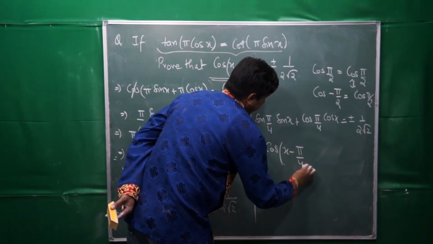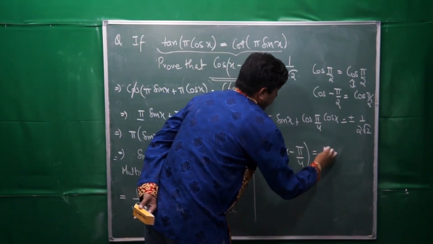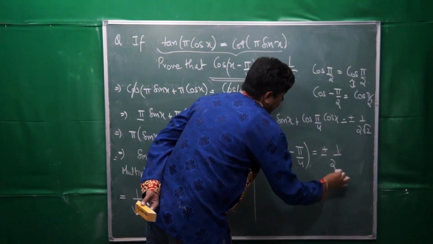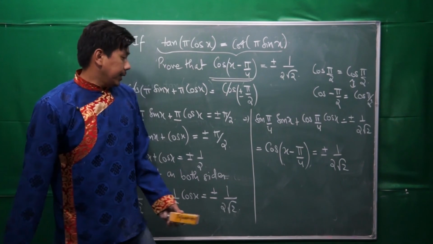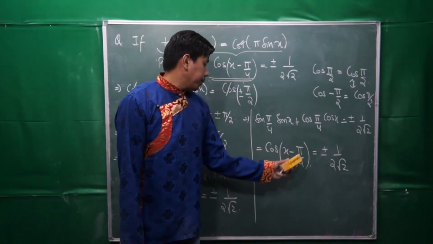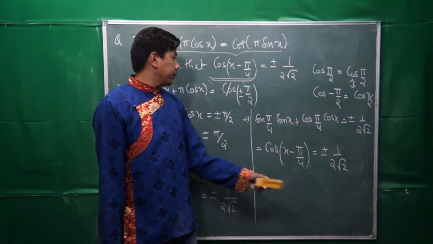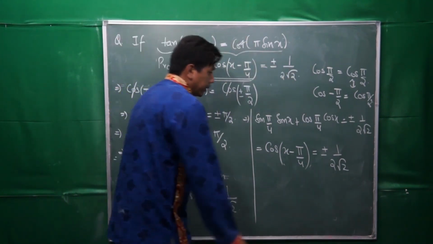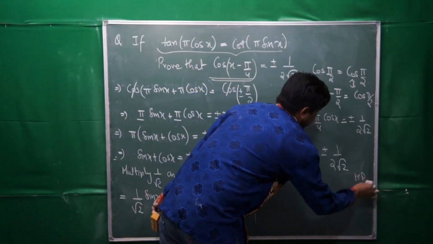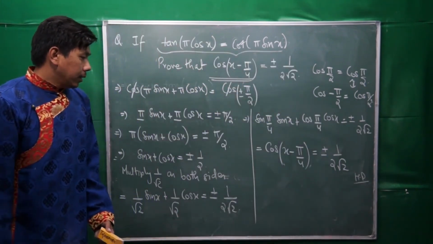So cos (x minus pi by 4) equals plus minus 1 by 2 root 2, which is what is required. So hence proved. Okay, clear?